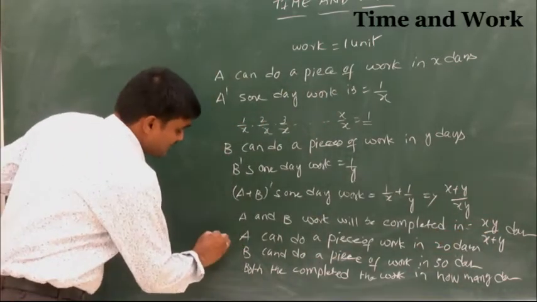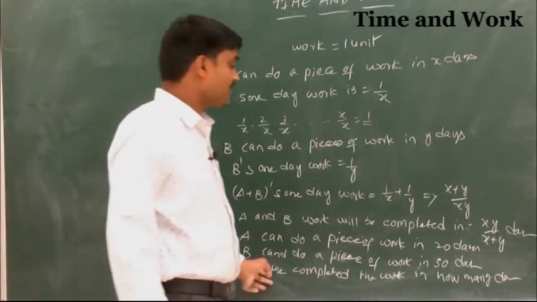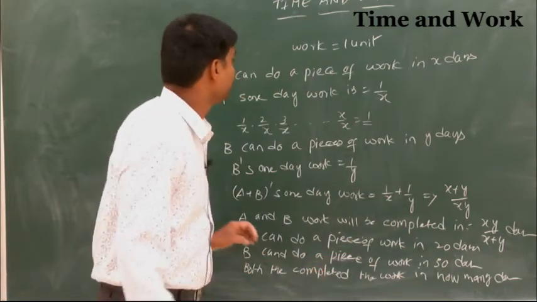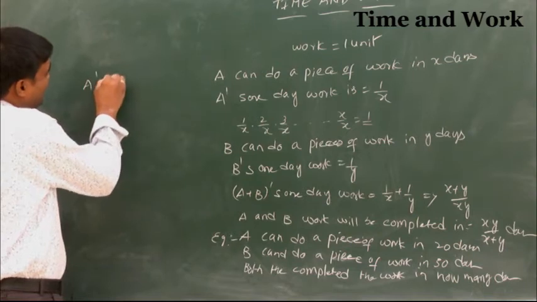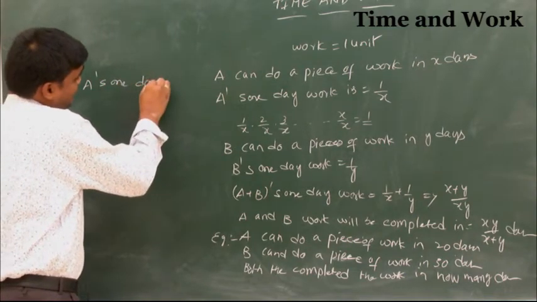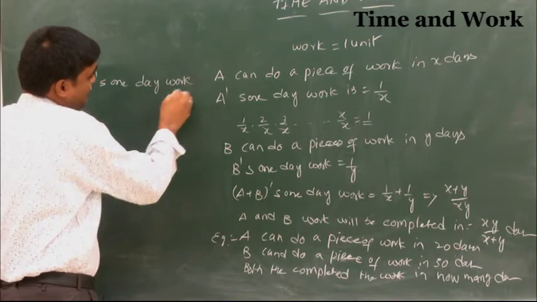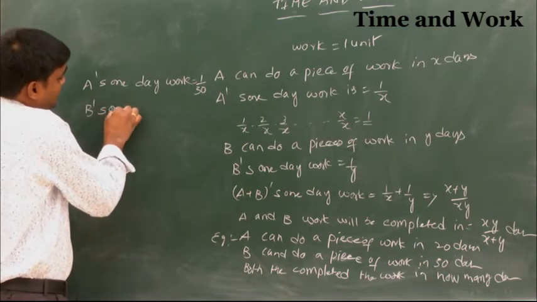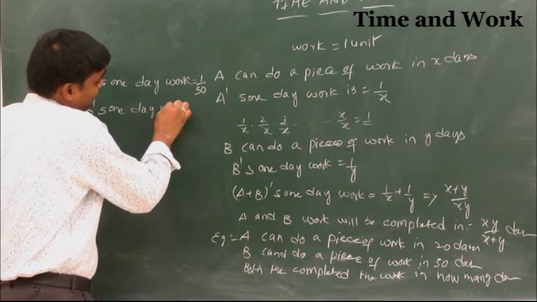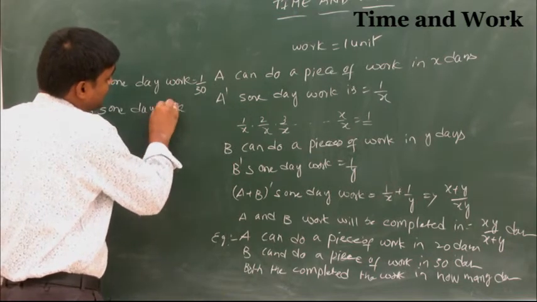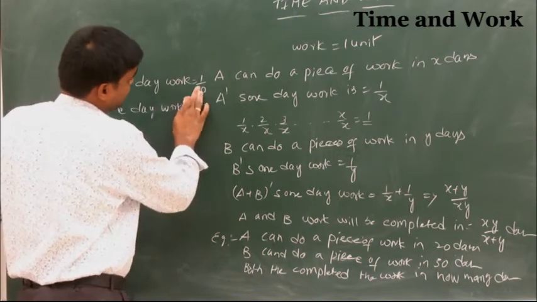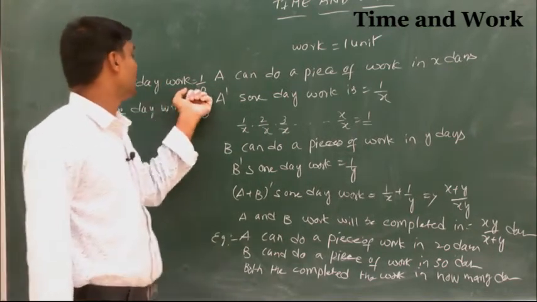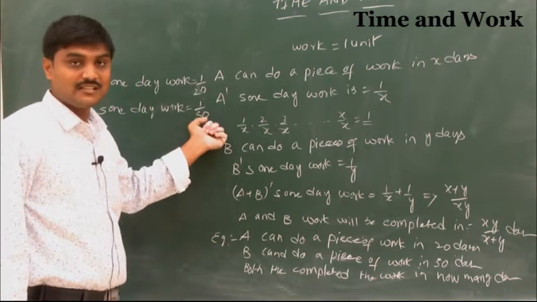So example is: A can do a piece of work in 20 days, B can do a piece of work in 30 days. Both complete the work in how many days? So here A's 1 day work is 1 by 20. B's 1 day work is 1 by 30.